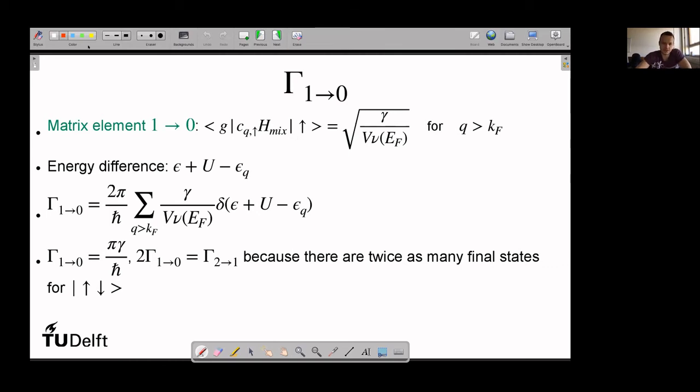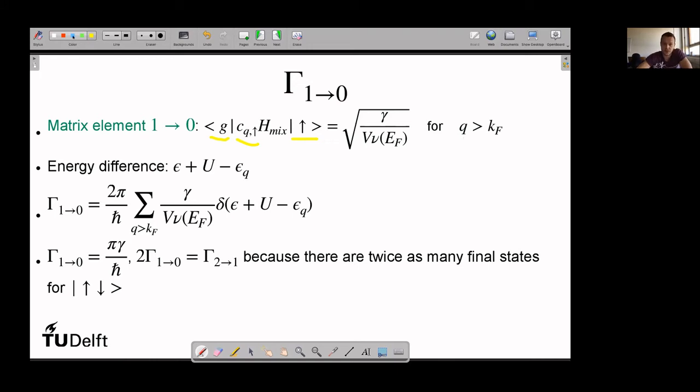We have the matrix element, the state 1 at the impurity level, and the ground state of the metal, and we have generated 1 electron with spin up at the metal, that has a momentum q which is bigger than kF again, because all the states are filled.